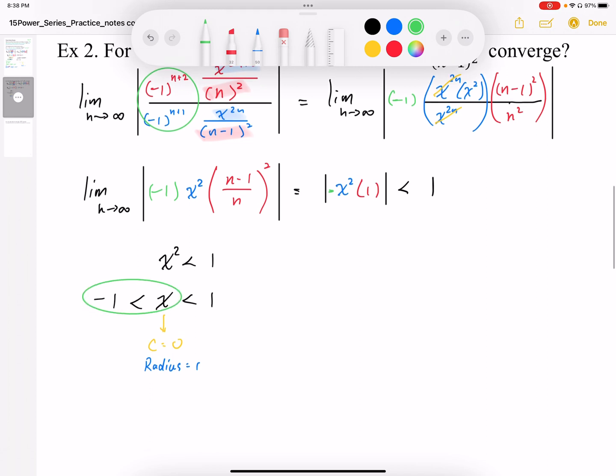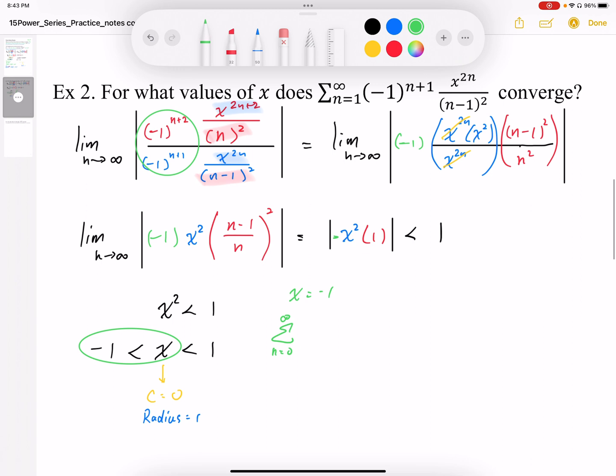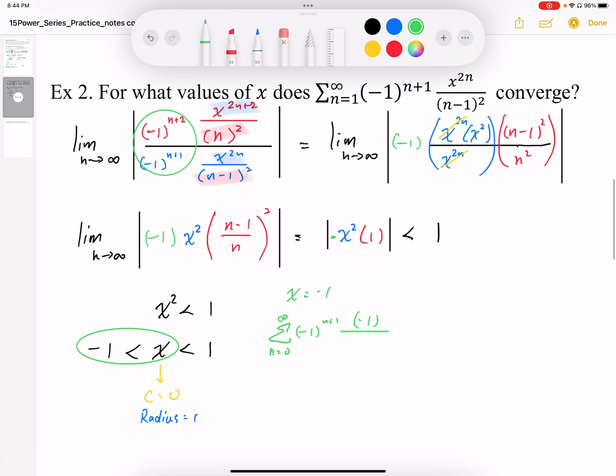So we're going to test x equals -1. We substitute into our series, n equals 0 to infinity. We had our original -1 to the power n plus 1. We replace the x with -1 to the power 2n. Since that's an even power, that's always going to be positive, and we end up with n minus 1 squared.